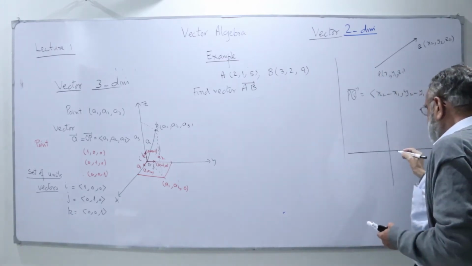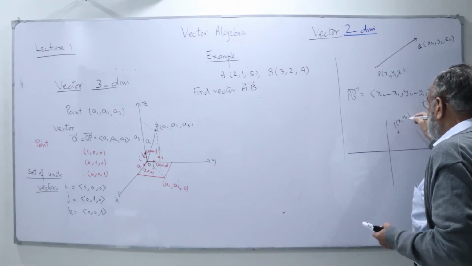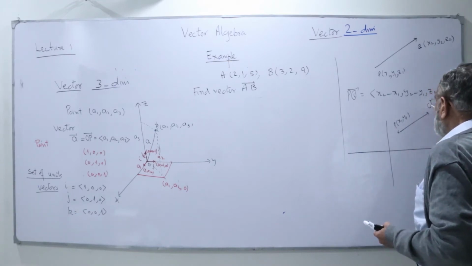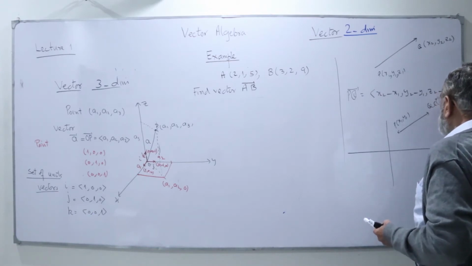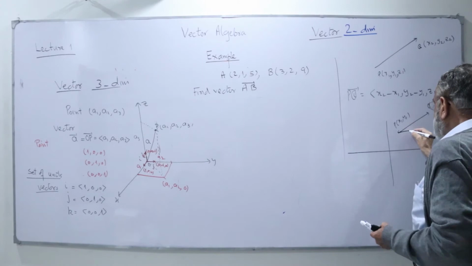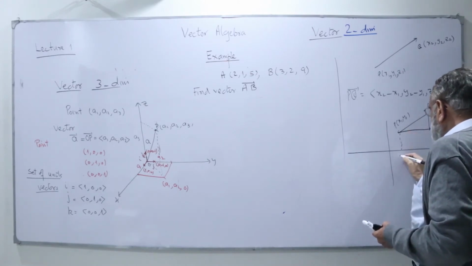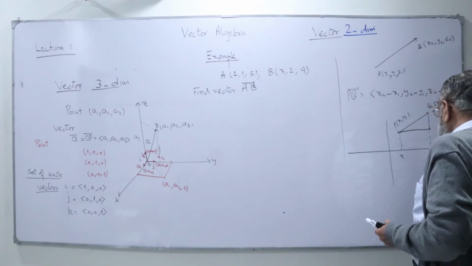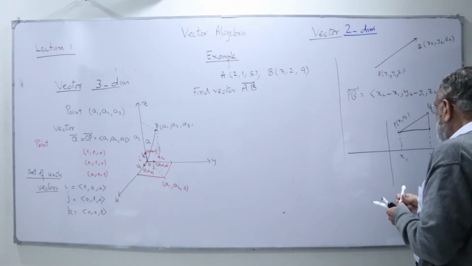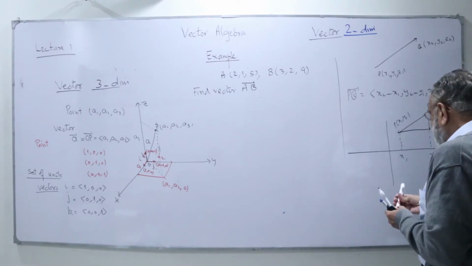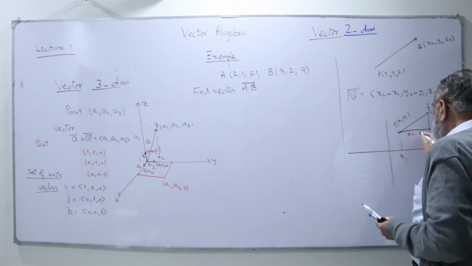For example, I have this point P, which is x1, y1, and here is point Q, which is x2 and y2. So this is my x value, and this is my y value. What's my x length? This is x1, here is x2, so this length is x2 minus x1.